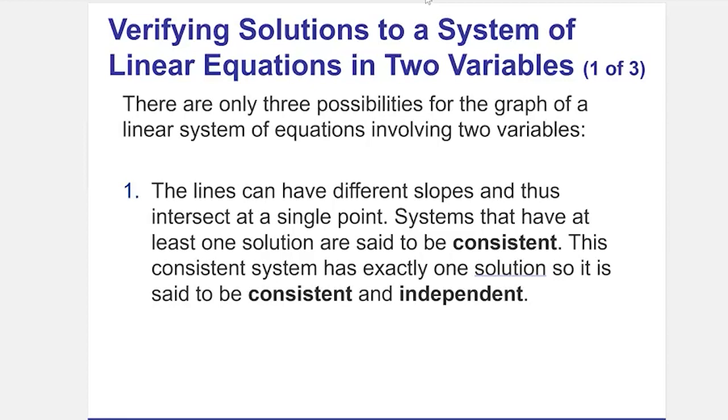Either the lines have different slopes and they intersect at one place, okay? So for example, we have two lines. Let's say one of them looks like that and the other one looks like that. Right here, where that meets, that is called the solution. So that's a solution to this system.